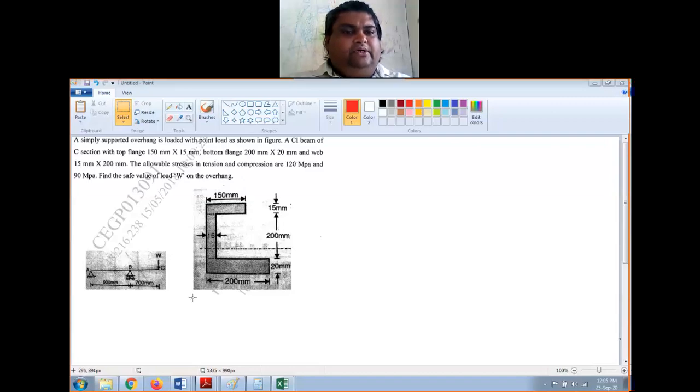Okay, first let us find the center of gravity for this particular cross section. Now, since this is asymmetric in both x-axis and y-axis, I am taking this point as my reference.